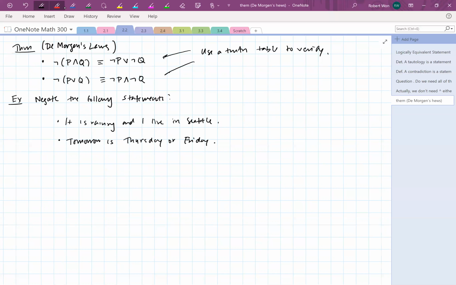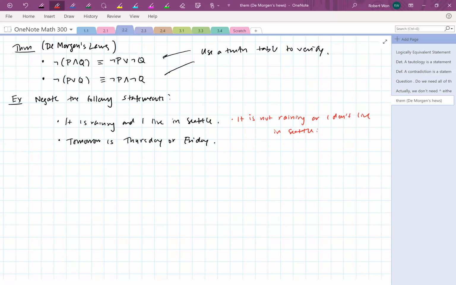So the negation of this is, "It is not raining or I don't live in Seattle." Right? You wouldn't say, "It is not raining and I don't live in Seattle."